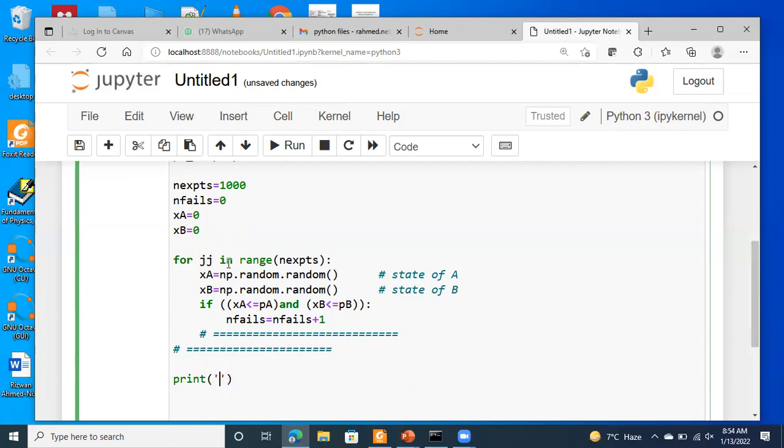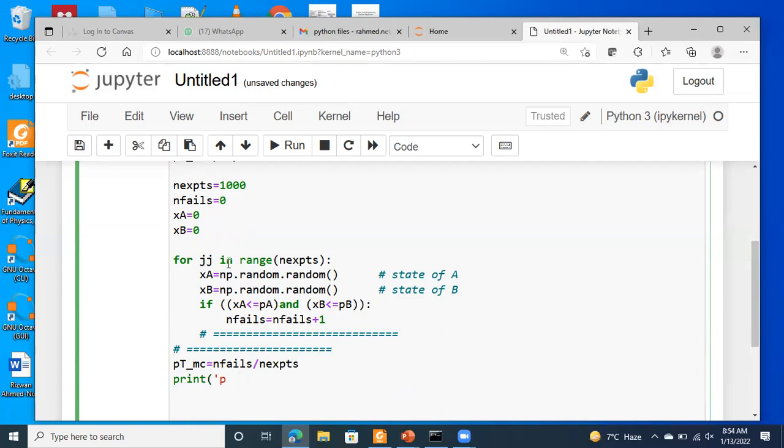So now the probability print. I say the probability. Well, first we have defined a variable probability of top event Monte Carlo that will be equal to n fails divided by n experiments, right?